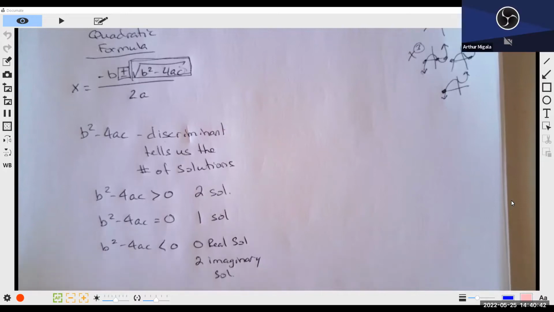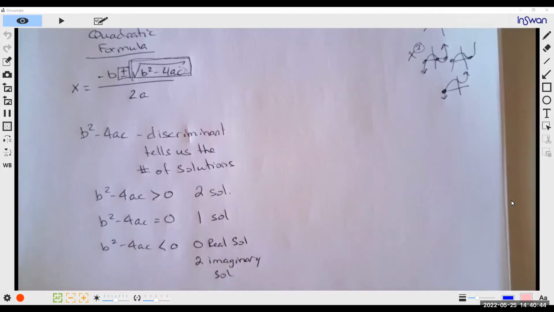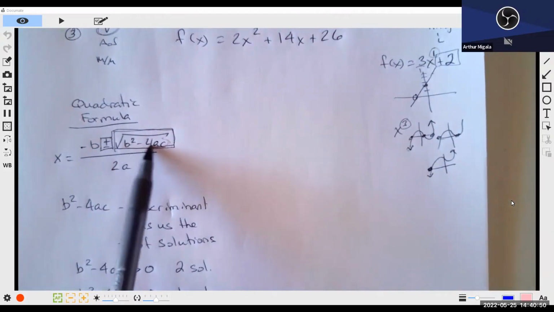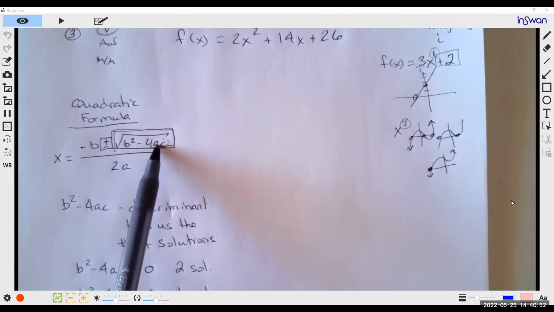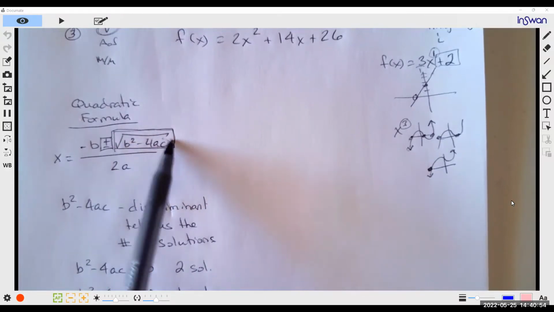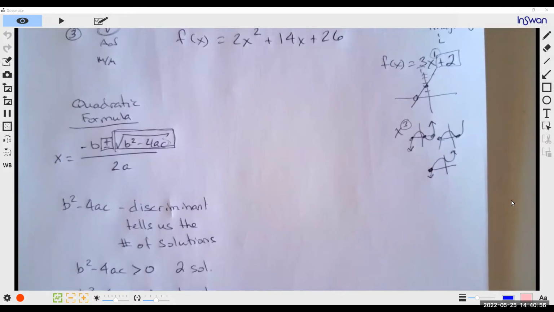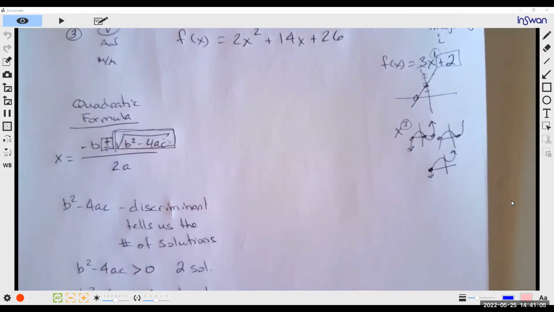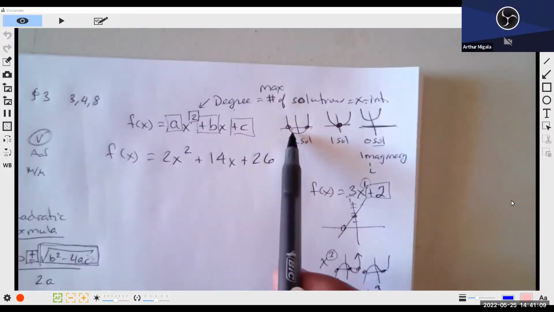So far, so good? I'm trying to understand. So if the number inside the square root is positive, then we're going to have 2 answers, a plus and a negative answer. So it's 2 solutions, which is what the picture tells us.